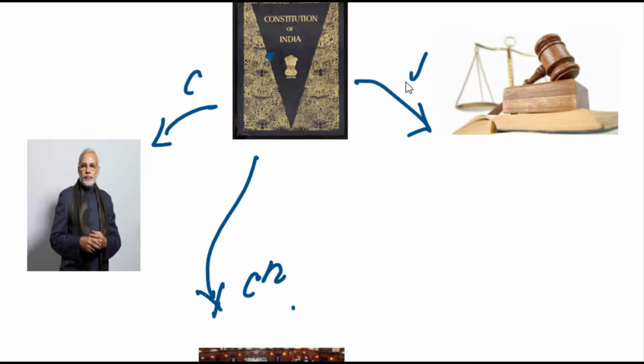So we can finally conclude that the Constitution has created and has also empowered the three organs of the state, the executive, the legislature and the judiciary. But now let's understand this.